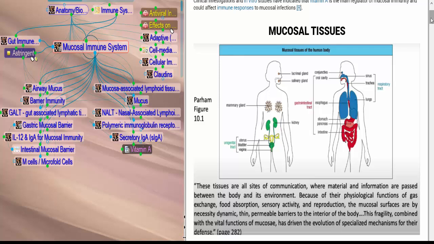The mucosal surfaces are, by necessity, dynamic, thin, permeable barriers to the interior of the body. This fragility, combined with the vital functions of mucosa, has driven the evolution of specialized mechanisms for their defense.